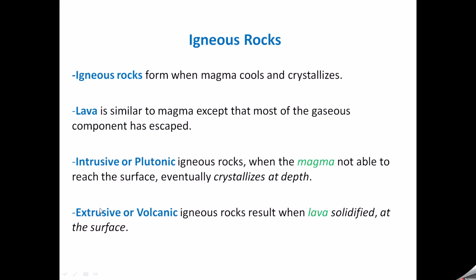The molten material at the surface we call lava. Intrusive or plutonic rocks crystallize at depth, and the molten material beneath the surface we call magma. So magma and lava are the same thing, one below the surface and the other above the surface.